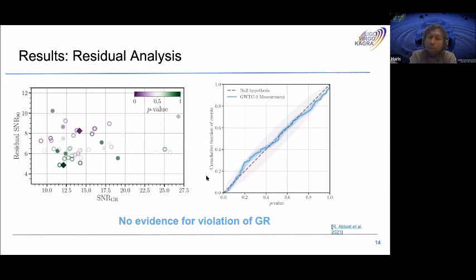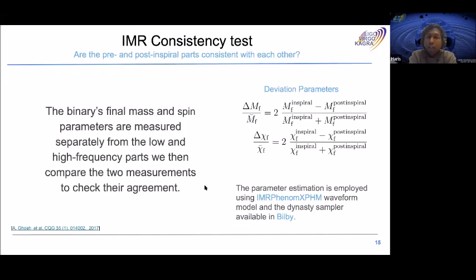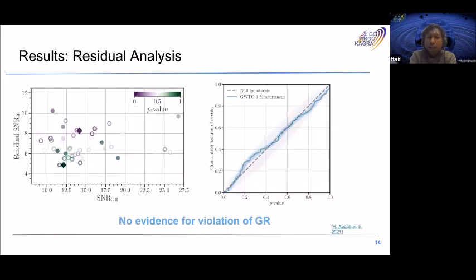And the blue line is the PP plot of the residual SNRs, with the light blue region denoting the 90% uncertainty region. As you can see, they agree well, indicating the agreement of the data and the GR template used for the analysis. Next slide, please.